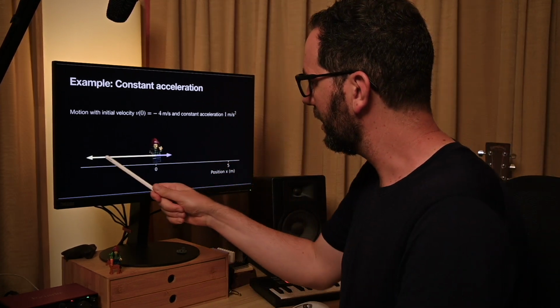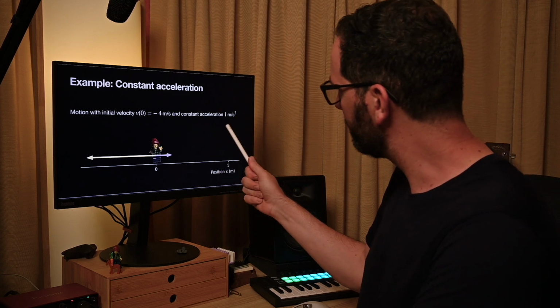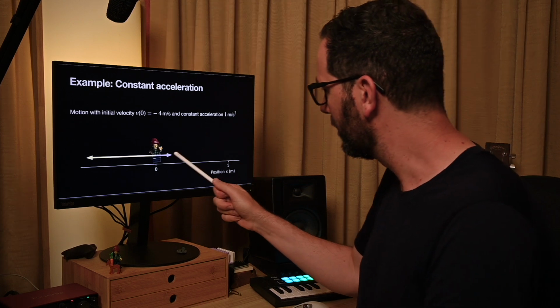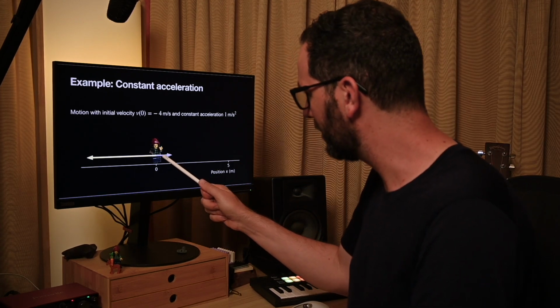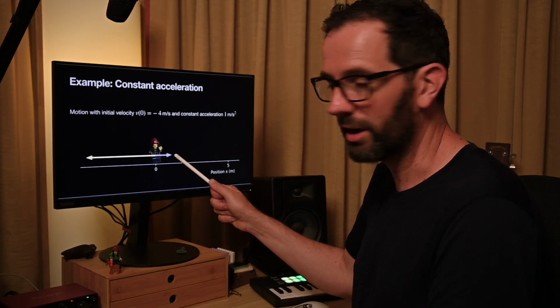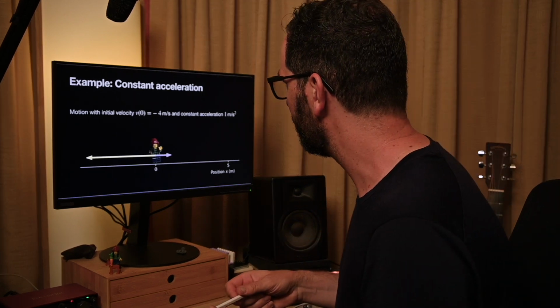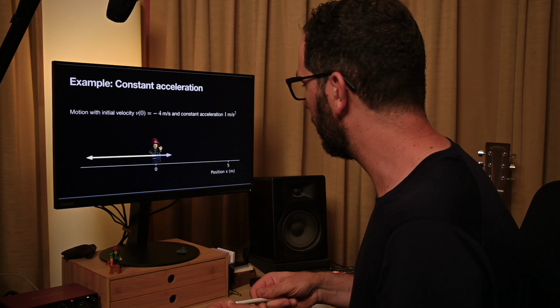That's my velocity, and we're saying that carrots is going to experience a constant acceleration of 1 meter per second squared. So that's in the right direction, and we're indicating it in that light purple color. That's the acceleration. Okay, so how does this actually work?